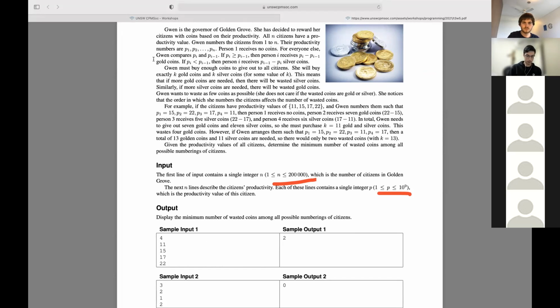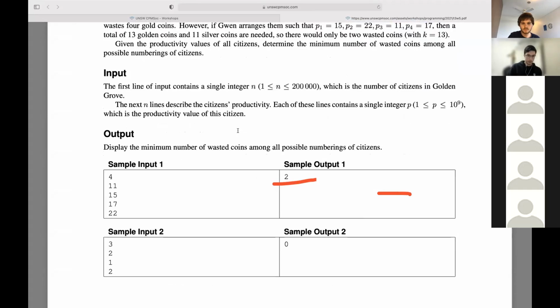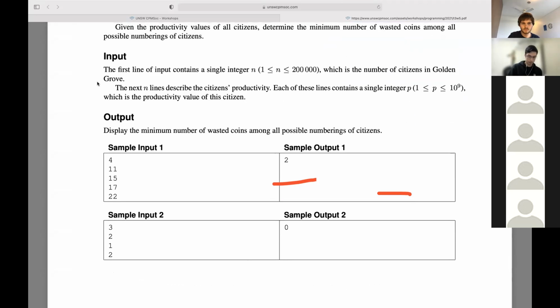And the ordering is measured in this really weird way. You take each pair of consecutive terms. I'll just write it out.